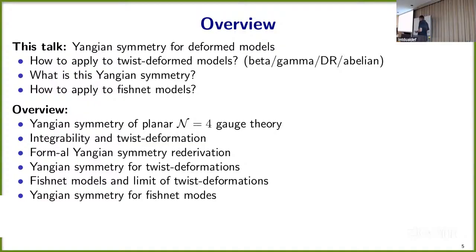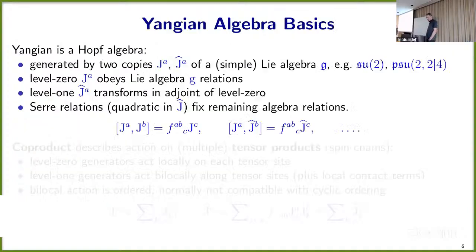And then once we've understood that, it's actually a neat formalism to address symmetries. We can turn our heads to twist deformations, which then work quite in a straightforward way by basically twisting everything you want. And at the end of the day, we can turn to fishnet models as a limit of these twist deformations and see whether or not there is Yangian symmetry for these.